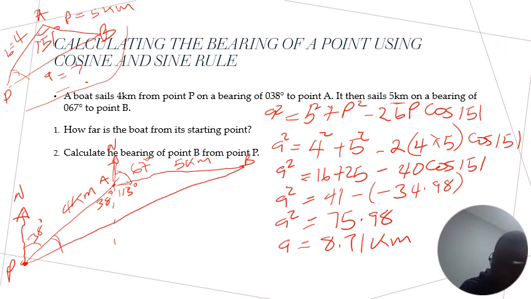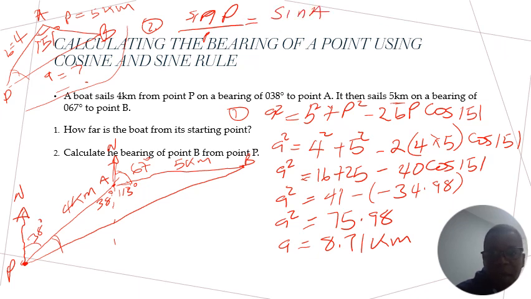So for us to do that, we can use the sine rule. We can just say sine P over small p should be equal to sine A over small a.